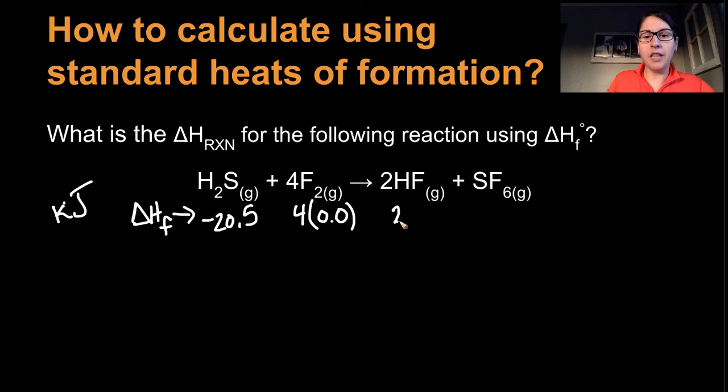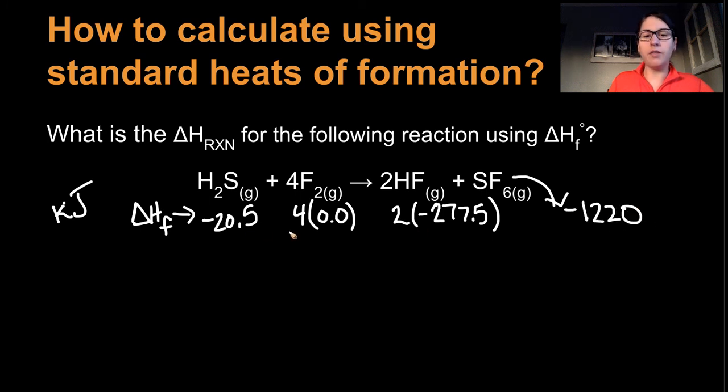Over here, we're going to take 2 times our HF, and HF is going to have a value in the gas form of negative 272.5. Okay. And then finally, for our SF6, there's only one of them, and so it's going to be a negative 1,220.